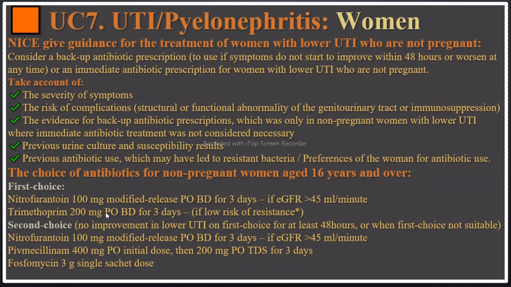Trimethoprim 200 milligram twice daily for 3 days if low risk of resistance. What about second choice? So no improvement in lower UTI on first choice for at least 48 hours, or when first choice not suitable. So you can go for second choice.